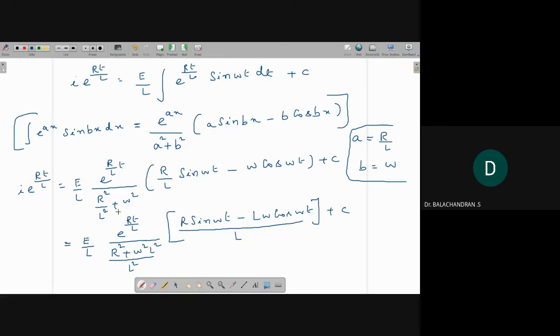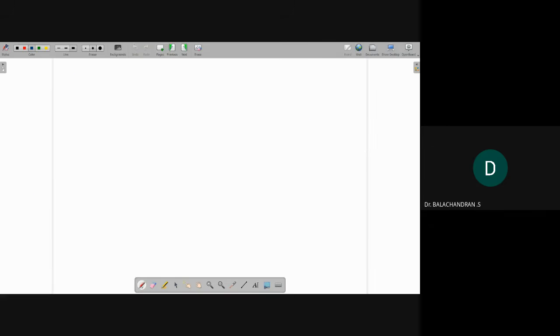After taking, here we have L, here we have L, so L square gets cancelled. So I write on the next page, the left hand side is I into e power Rt by L.